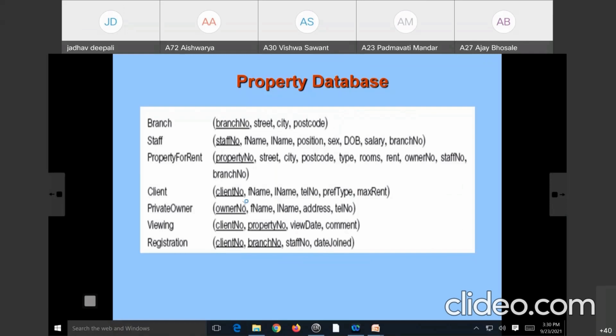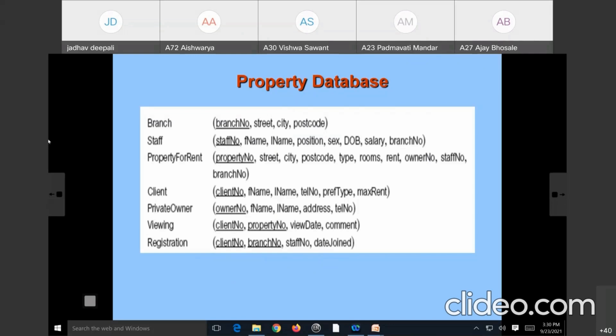The properties may be of any type such as bungalow, flat, etc. So this company, whose branches are located in different cities, collects the information, as owners register with the branches the information about their properties which they want to give on rent.